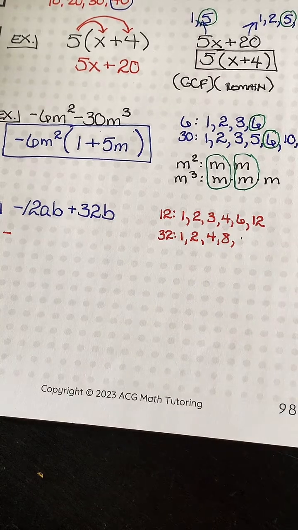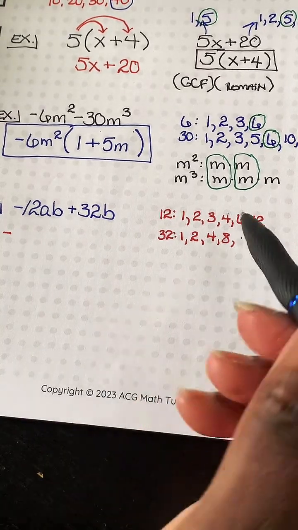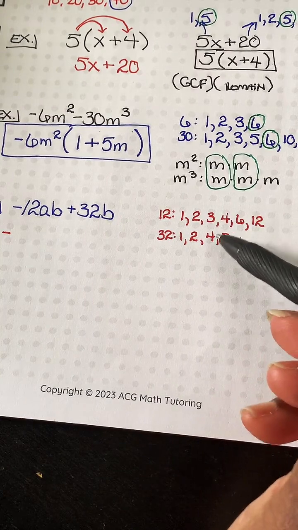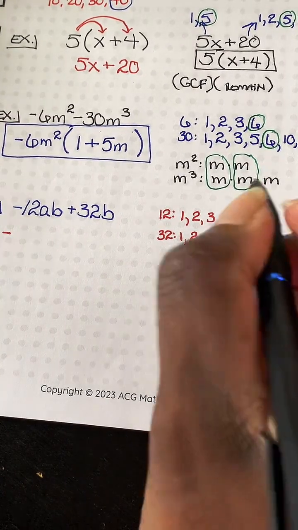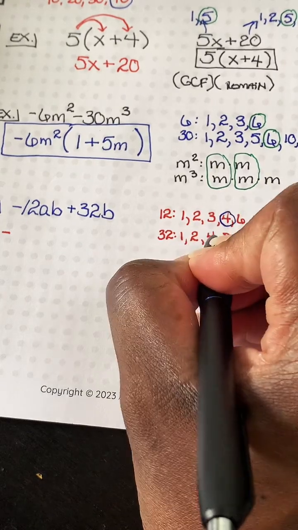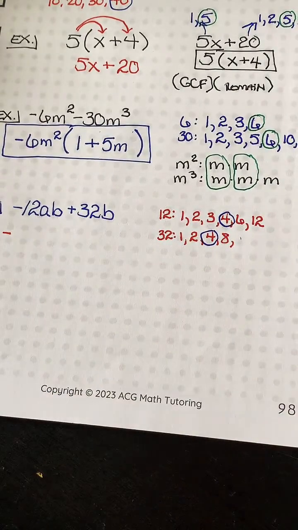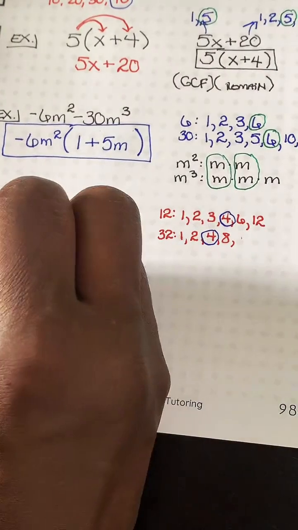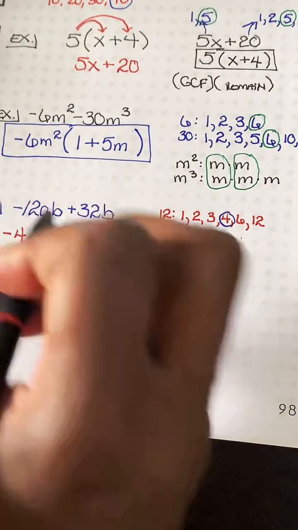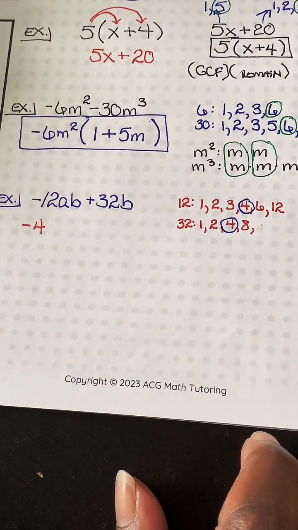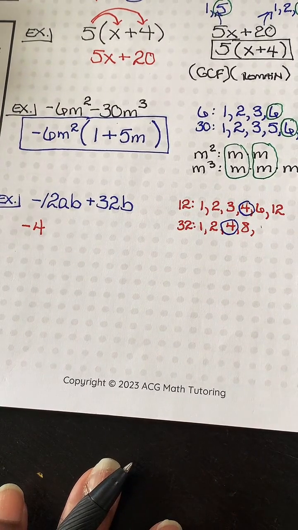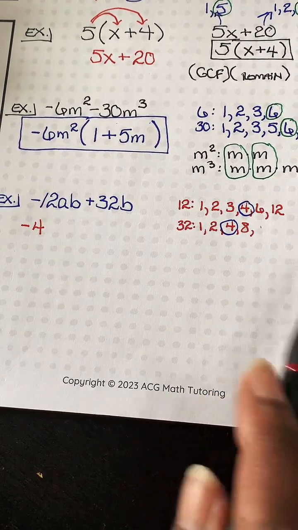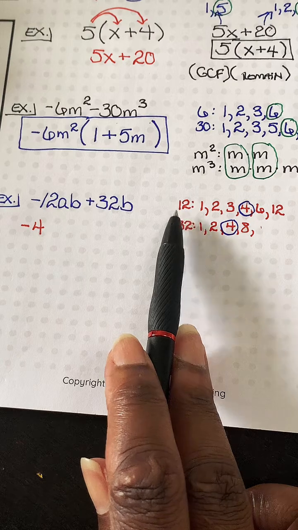If I take a look, the greatest number that they both have in common is not going to be 2. It's actually going to be the 4s. So now I have a negative 4 for the numbers. And it can't be 16 because we're only going up to 12.